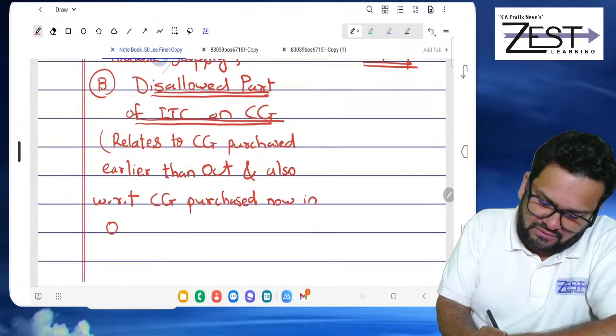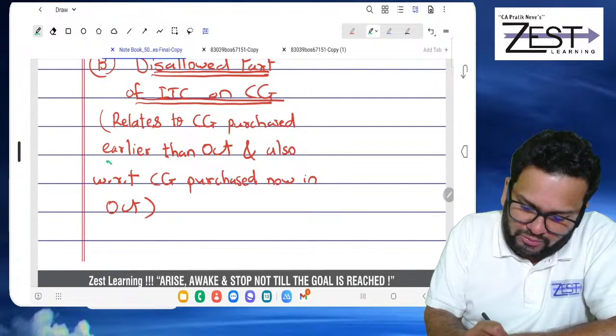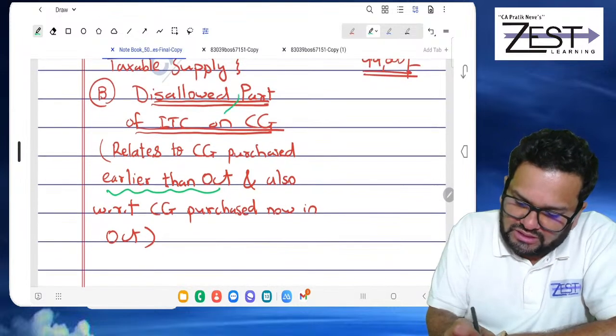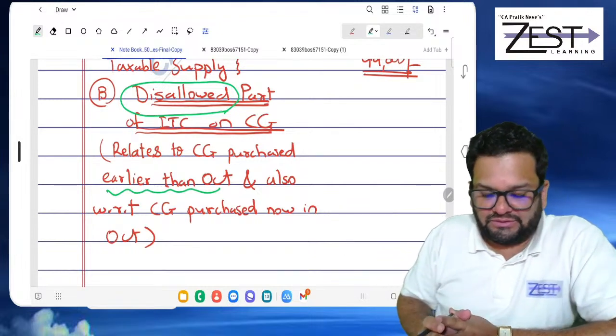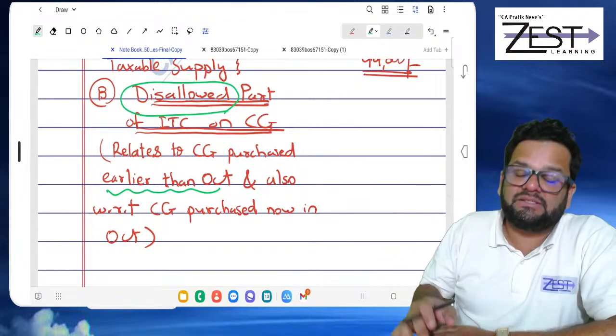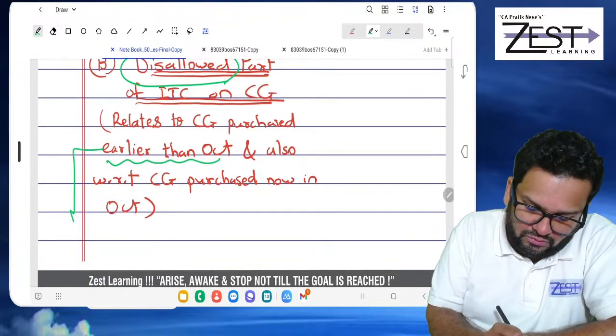Did you understand? Why you have to take for earlier than October also? Why you have to disallow part of ITC on CG which relates to CG purchased earlier than October also? Why you have to disallow it now?